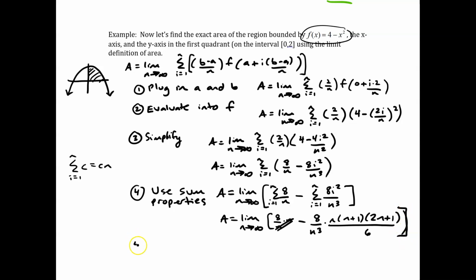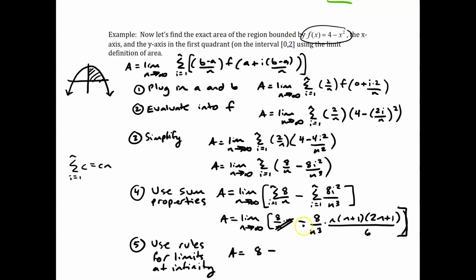Okay, so my last step is to use the rules for limits at infinity, because we've learned this before. We know that the limit of a constant as n goes to infinity is equal to that constant.